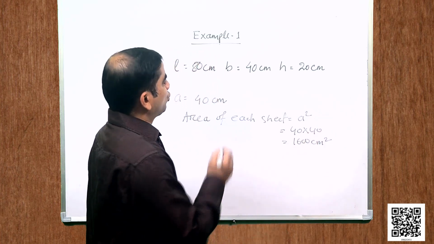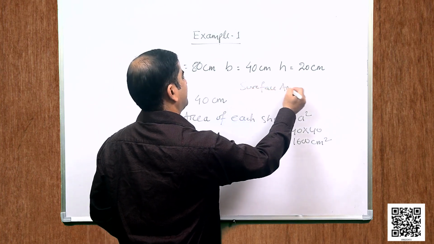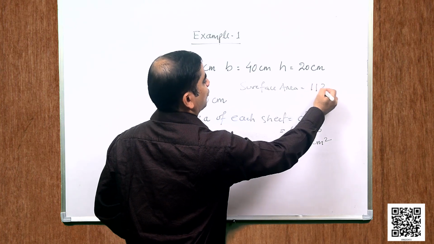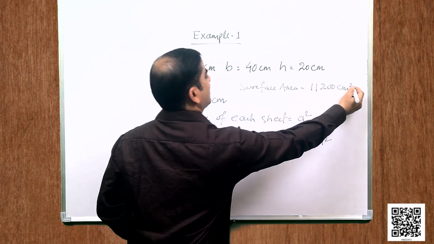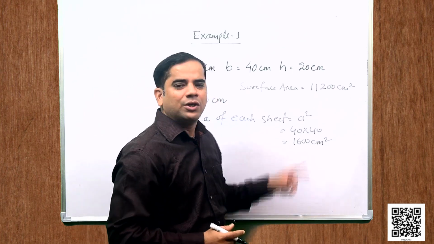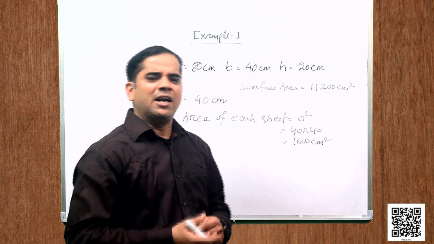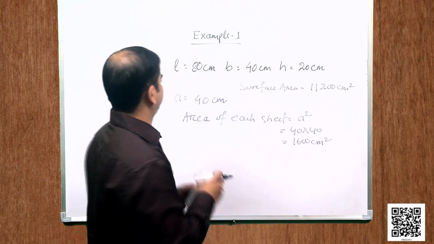Okay. So, total surface area is equal to 11,200 centimeter square and area of each sheet is equal to 1600 centimeter square. Therefore, let us find out the number of sheets required.